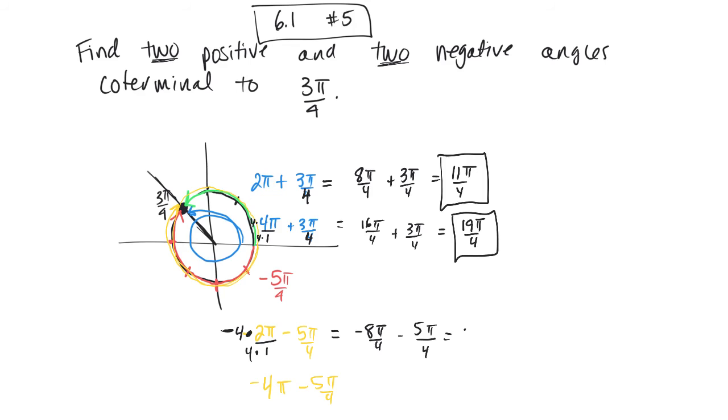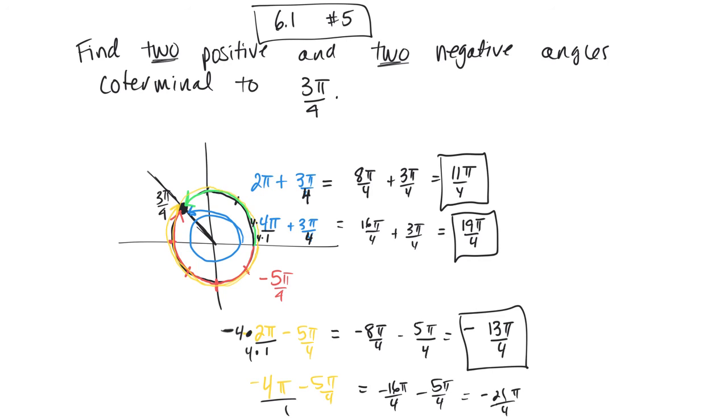So I'm back at negative 13 pi over 4. Okay, or I could go around twice, right? That negative 4 pi. Get a common denominator. That would be negative 16 pi over 4 minus 5 pi over 4. So it would be negative 21 pi over 4.